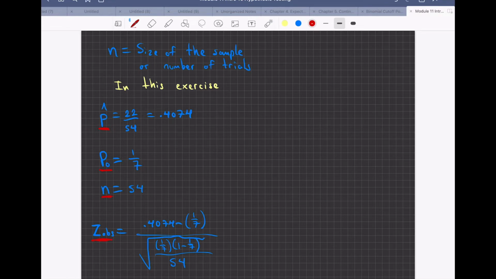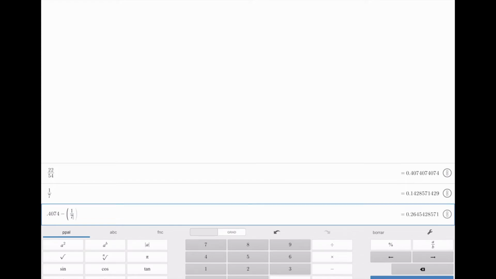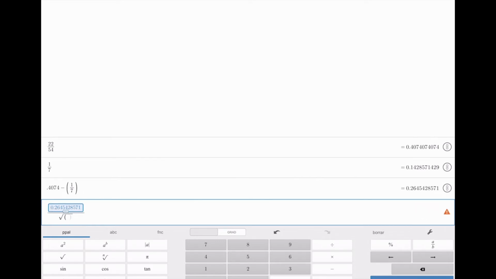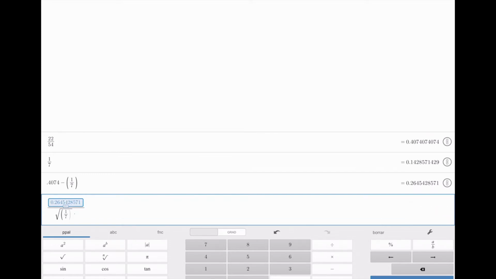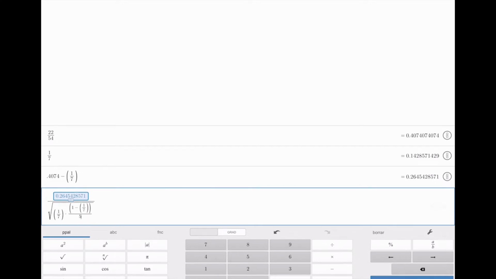And you will have to compute this in your calculator, of course. So it's going to be 0.4074 minus 1 out of 7, divided by the square root of 1 out of 7 times 1 minus 1 out of 7, and then divided by 54.